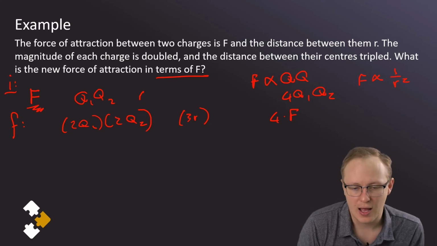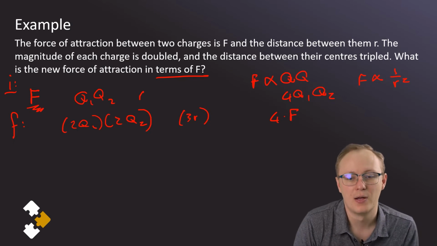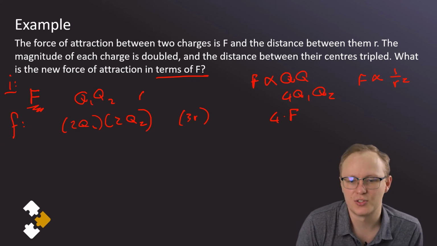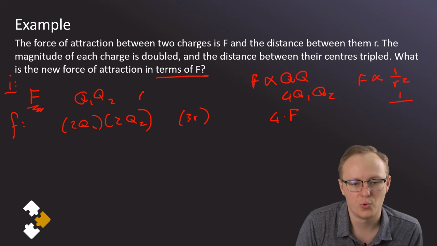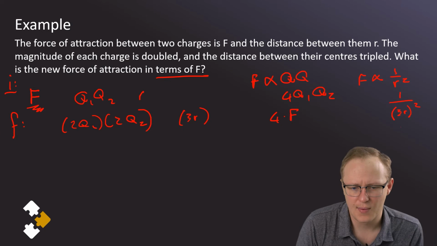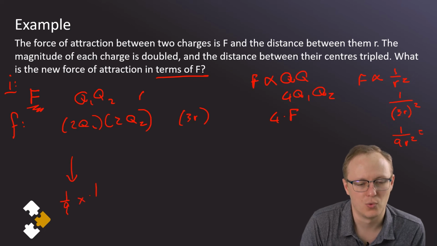So whatever we do to R, the inverse of the square of that is going to be done to F. The easiest way is to use this direct proportion symbol, where we put the 3R underneath, so we have 1 over 3R squared, and that is 1 over 9R squared, which is the same as 1 over 9 times 1 over R squared.